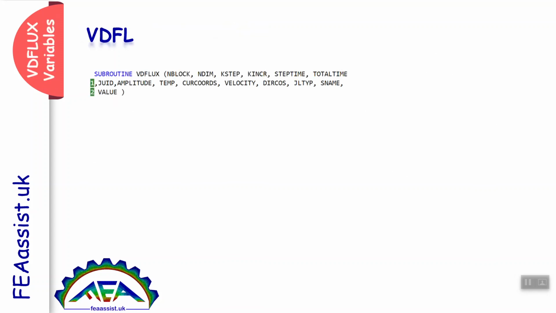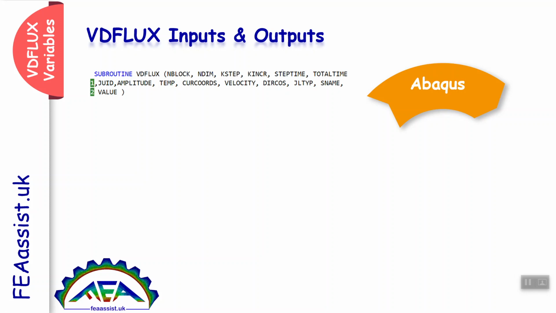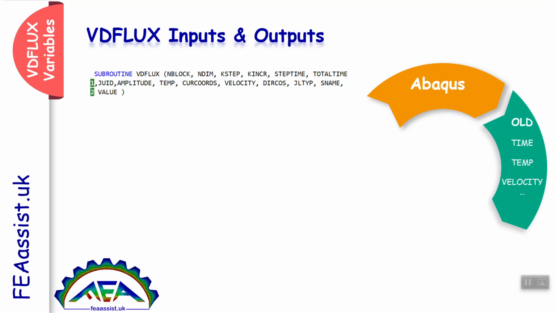VDFlux variables. VDFlux has some inputs coming from Abaqus. We need to process them and export the value as an output to Abaqus. In other words, Abaqus computes some variables like time, temperature, and velocity, and these variables are transferred from Abaqus to VDFlux.